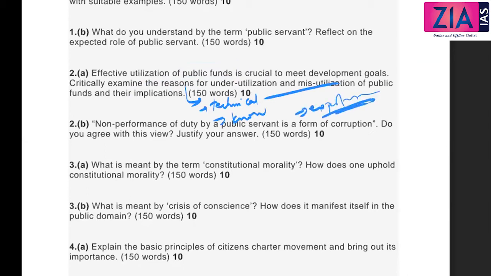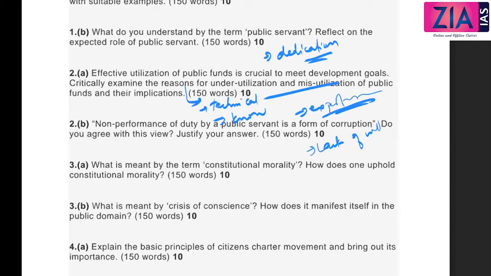And then obviously laziness or lack of will. So dedication to service, absence of dedication to service. All these are the reasons. If you want, you can write.